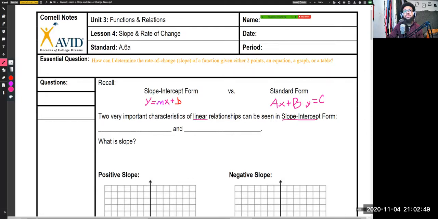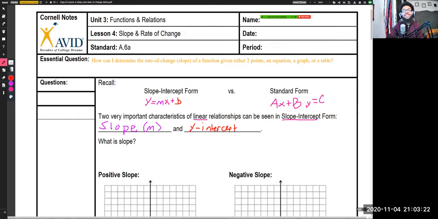Slope, which is m, I'll write that in purple, and our y-intercept. Our slope-intercept form has a slope that we can see and pick out really easily, and it has a y-intercept, given the name slope-intercept.